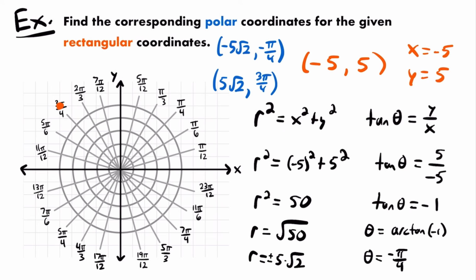We could continually add 2 pi to the angle of either one of these points and create more and more pairs of polar coordinates that would represent that same point. All right, this all comes back to that idea from earlier that there is not one pair of polar coordinates to represent each point. There are pretty much an infinite amount of pairs of polar coordinates that could represent a point. We just try to use the most simple ones in these examples.